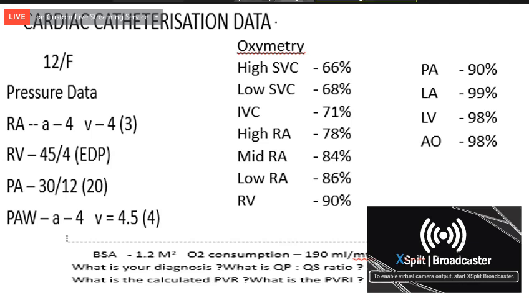Sir, in single sample, how much? I will repeat again. Single sample: atrial level 10, ventricular level 7, main pulmonary artery level 5. If the step up is more than 10 on the atrial side, more than 7 on the ventricular side, and more than 5 at the arterial level, a single sample is enough.